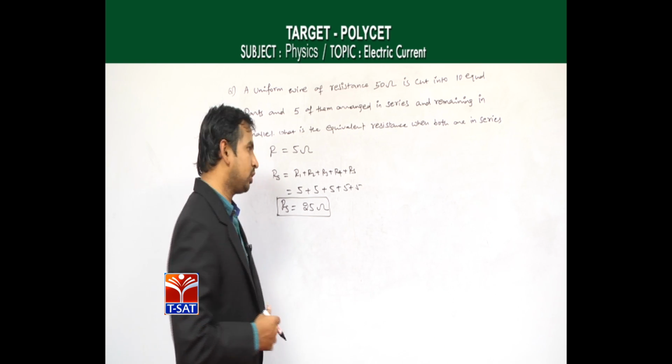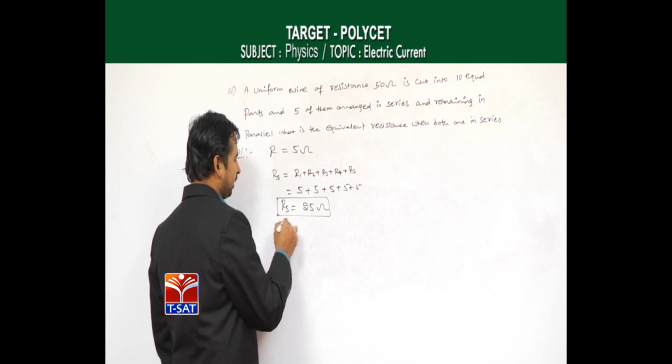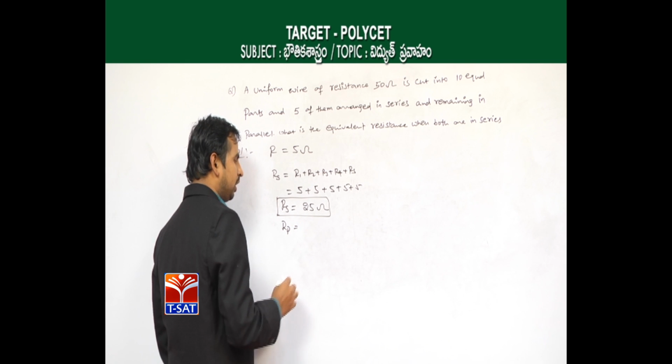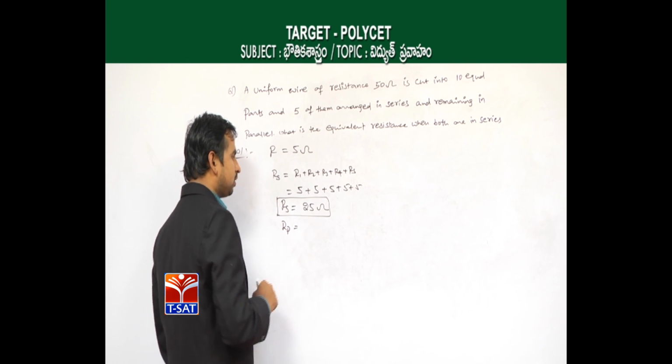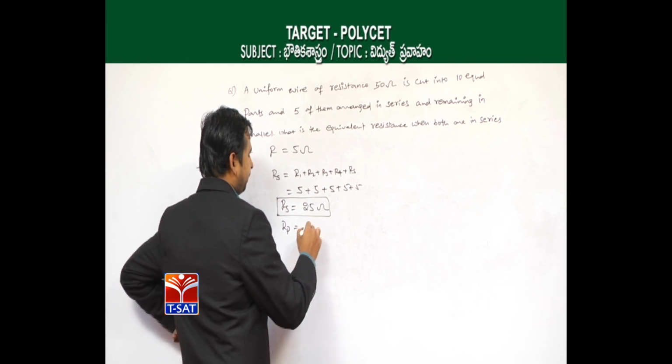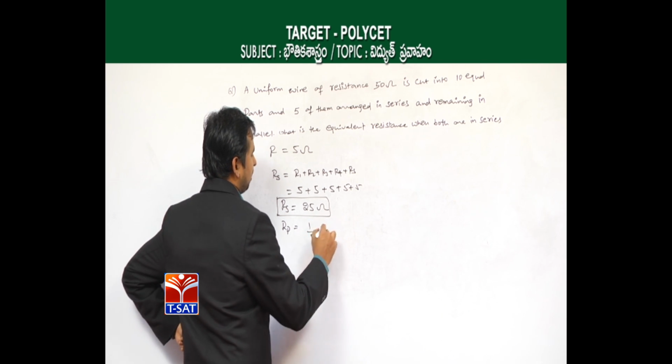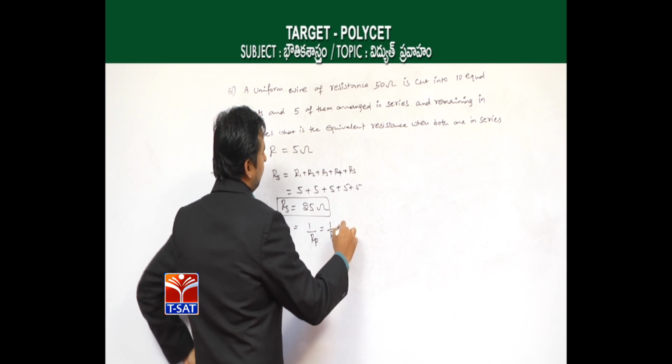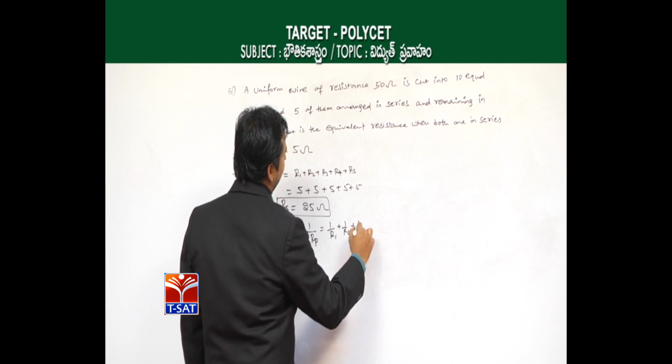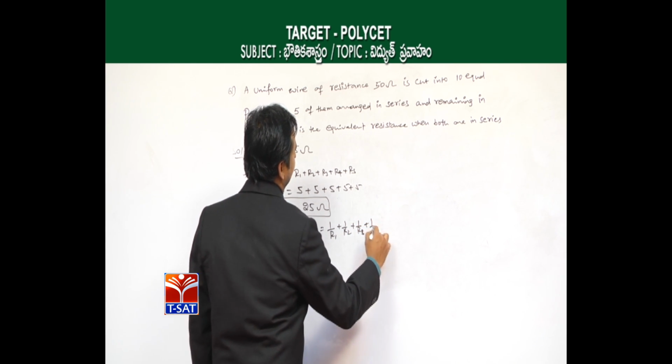Whereas if you arrange them in parallel, again using the same 5 resistances, we know that 1 by Rp is equal to 1 by R1 plus 1 by R2 plus 1 by R3 plus 1 by R4 plus 1 by R5.